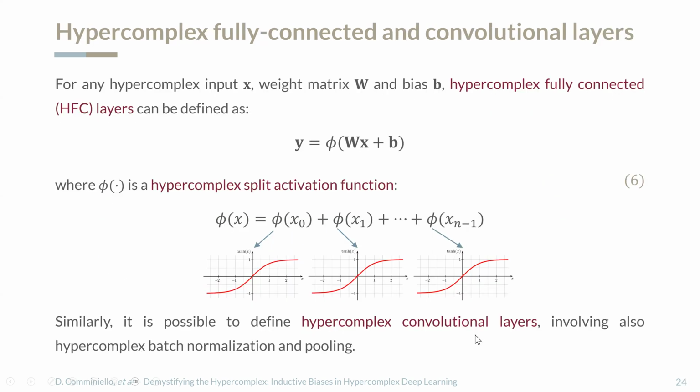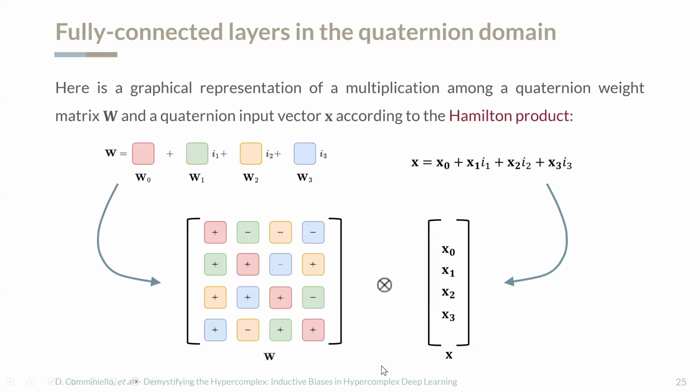But you can also use, like in neural networks, convolutional layers, batch normalization and pooling, and so on. So I would like to show how to build fully connected layers and what is the benefit of this representation, just exploiting the Hamilton product.